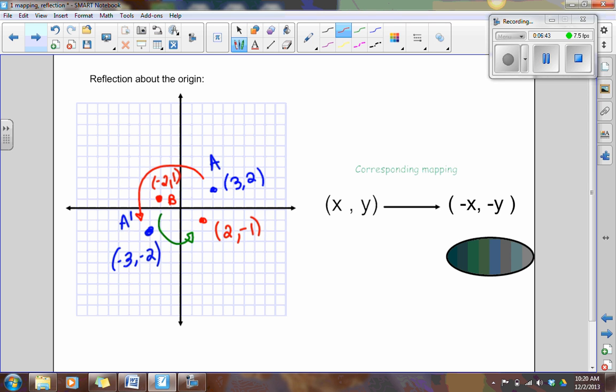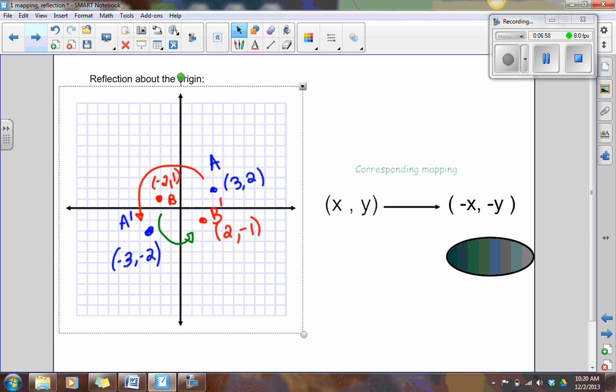And this is the reflection in the origin. And again, the corresponding mapping is (x, y) goes to (-x, -y). So we have the point -2, 1. That point's going to go to 2, -1. So x and y are both going to become the opposite.